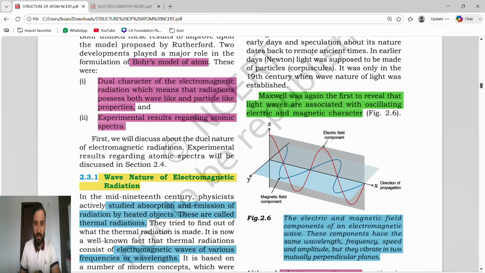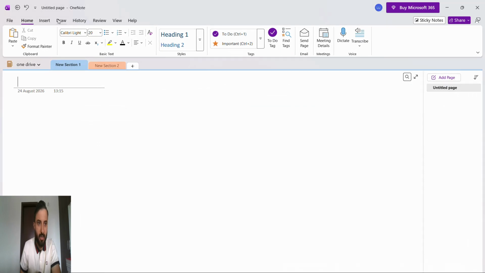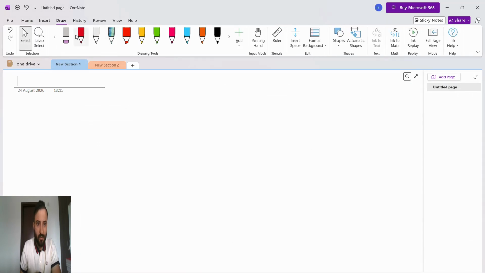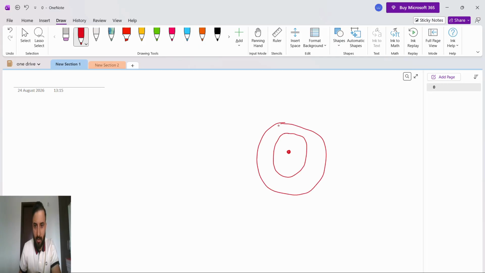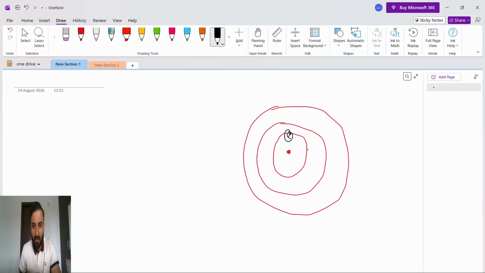So suppose, guys, this is the nucleus, this is the orbit, and we know in the orbit electrons will rotate. Now suppose this is the first orbit.